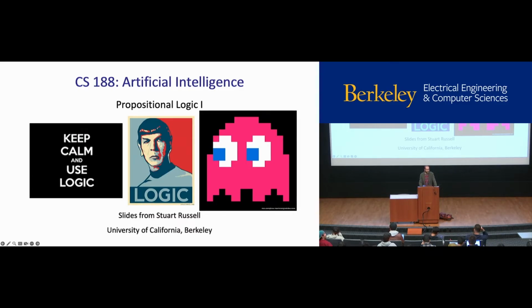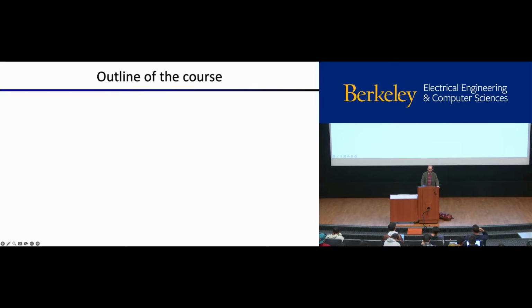This is a new topic, propositional logic, and this is about making agents that know things. The way it fits into the outline of the course is pictured in this diagram I'll show you.